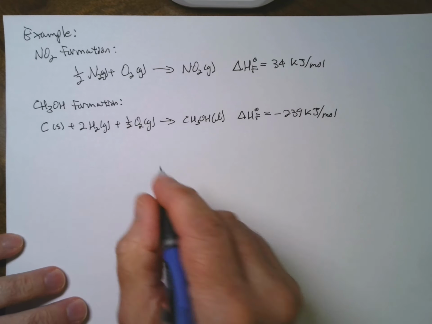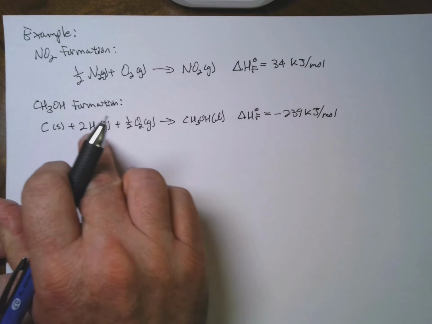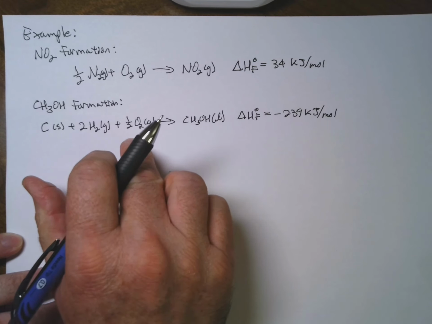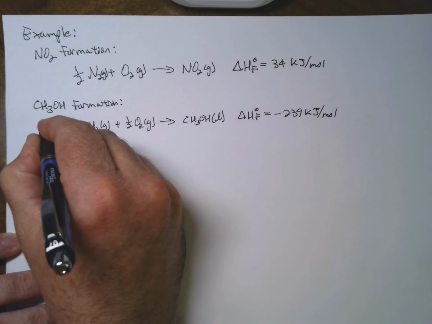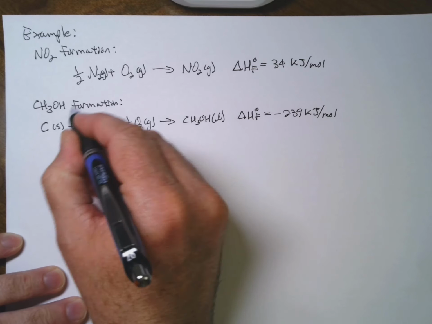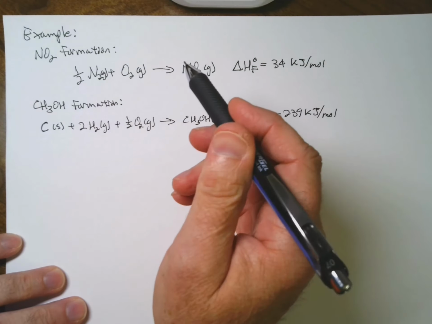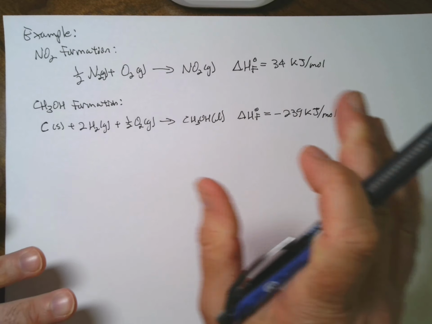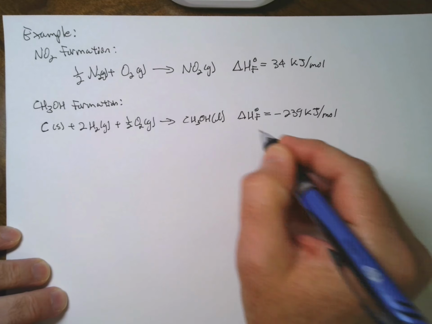Now, the delta HF of these elements individually is 0. Delta HF for a given thing in its elemental form is 0. The tables are compiled from these types of reactions.